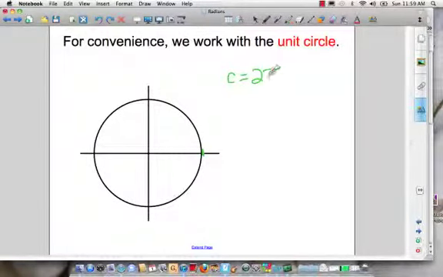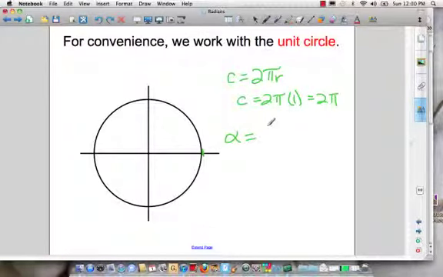Well, the circumference of a circle is 2 pi r, and in this case, since r is 1, 2 pi times 1 is just 2 pi. And that means if you want to know how many radians it is all the way around the circle, that angle would be your arc length, 2 pi, because that's the circumference, over the radius, which in this case is 1, so 2 pi.